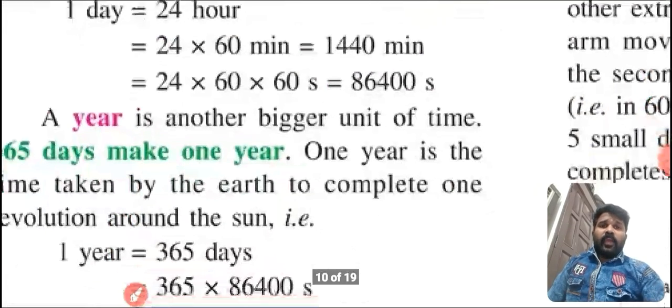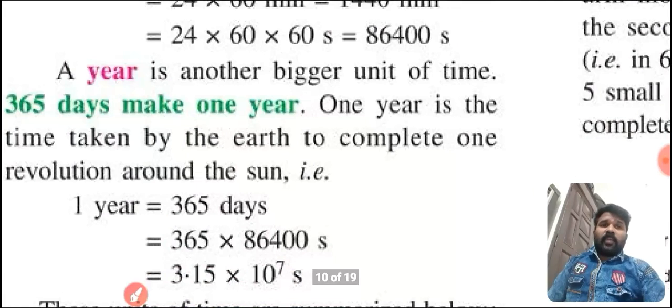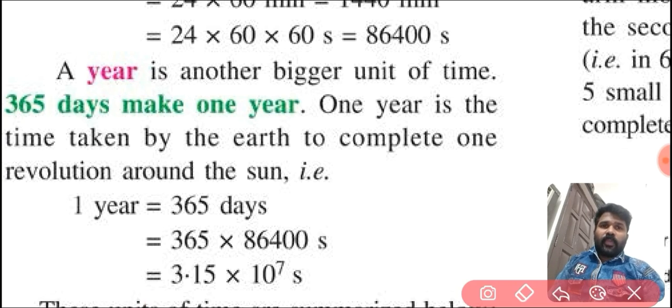A year is another bigger unit of time. 365 days make 1 year. 1 year is the time taken by the earth to complete one revolution around the sun.